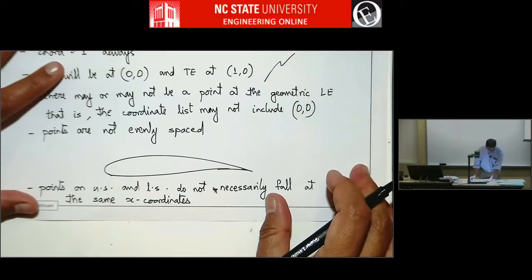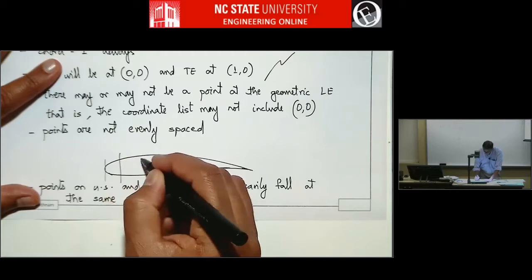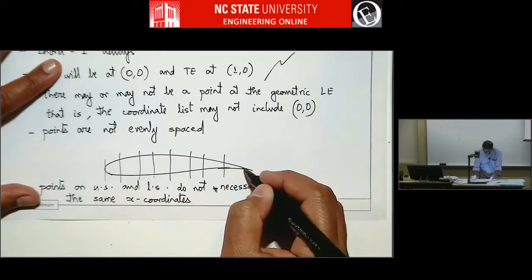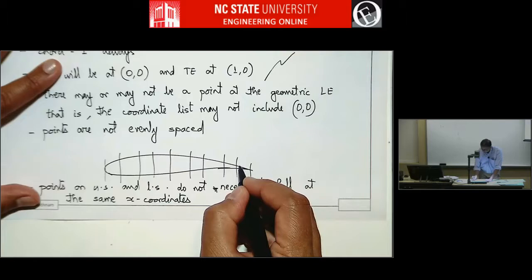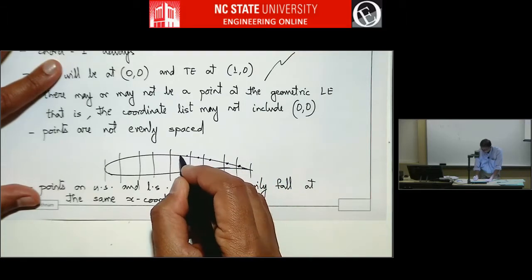So let's say you have x coordinates like this, right? You may have points on the upper surface not evenly spaced.